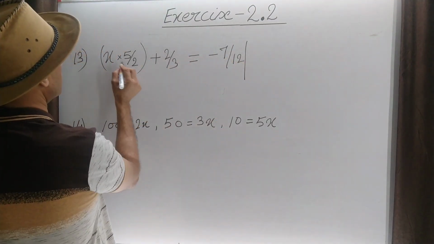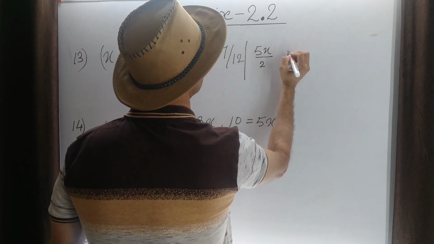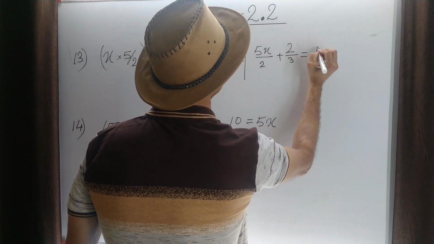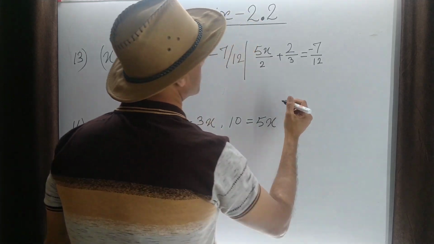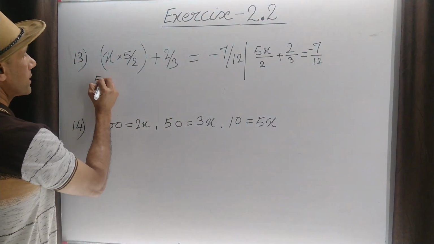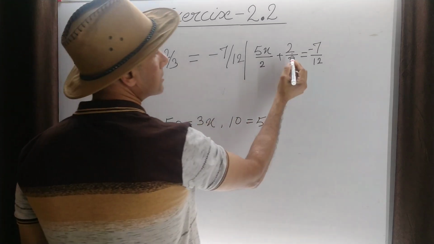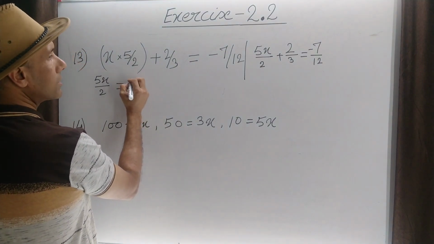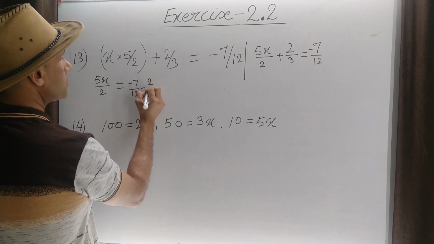Let's solve it. So here it will be 5x by 2, okay, plus 2 by 3 is equal to minus 7 by 12. Okay, so we get 5x by 2 is equal to minus 7 by 12 minus 2 by 3.